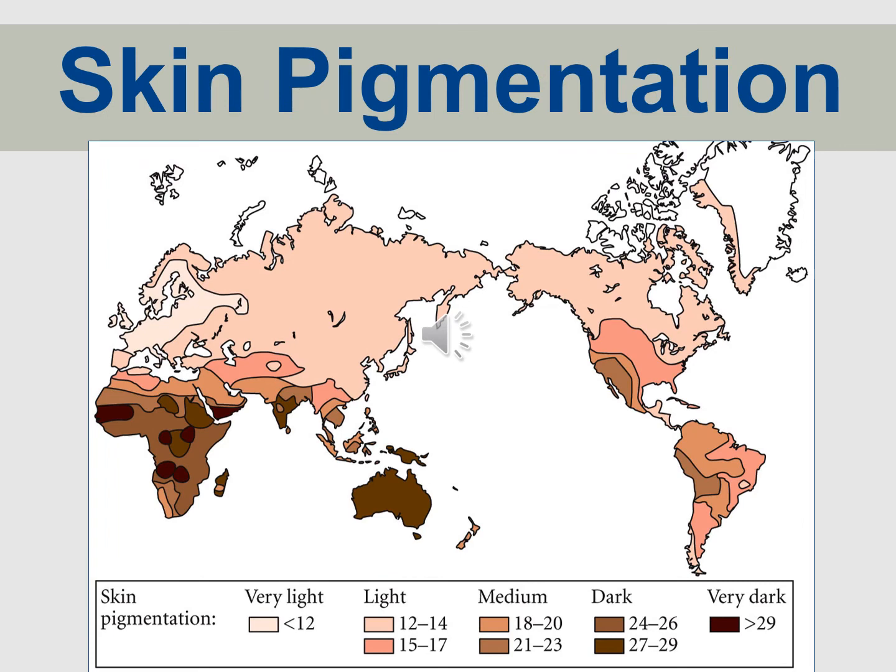But when we look at the clinal variation in skin pigmentation, the picture is slightly different. In this chart, you can see individuals with the darkest pigmentation are all centered in pockets of Africa, but you will also see darker pigmentation across parts of the Arabian Peninsula, India, Southeast Asia, and Australia.